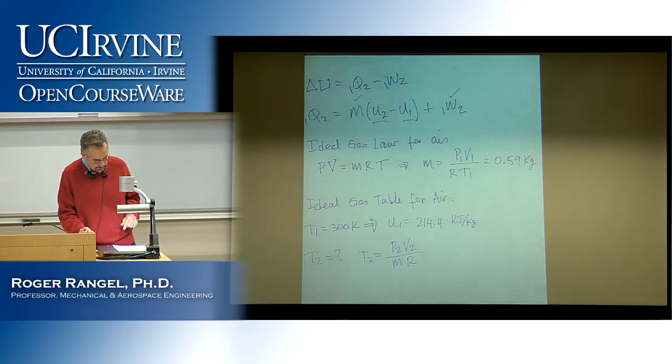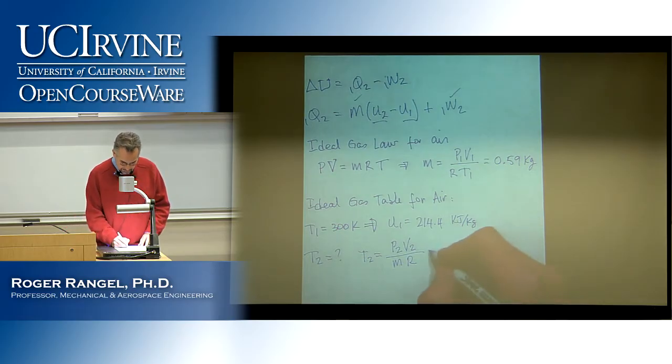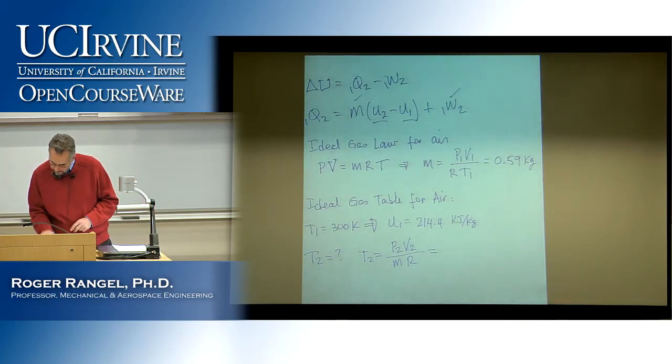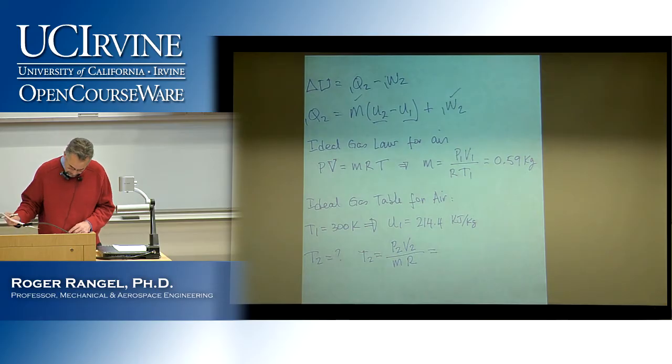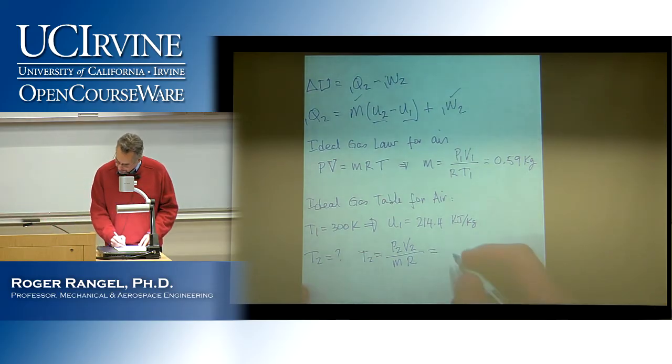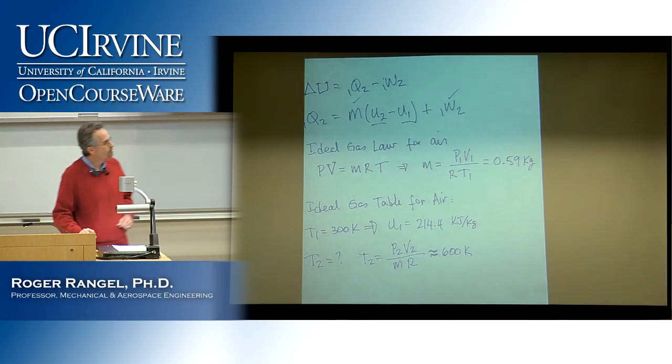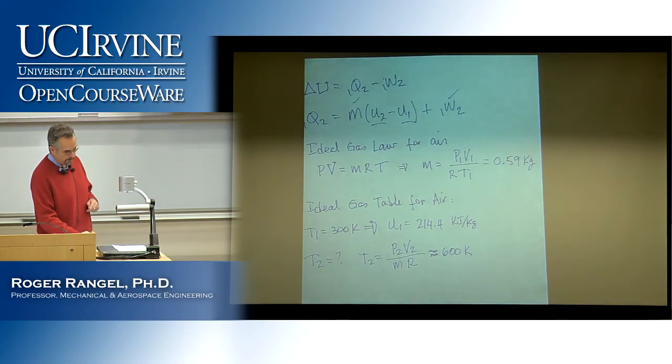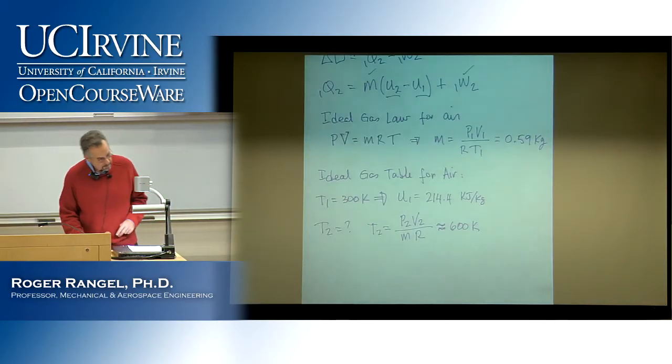V2 is the total volume, which we have. So we can get this temperature, and this number comes out at almost 600. I have 597, but I'll round it to 600. Okay, it's 597, but 600 makes it easier to read the table.